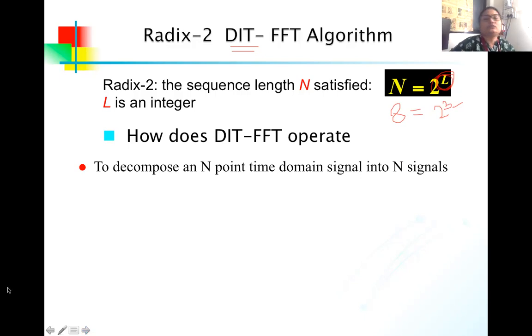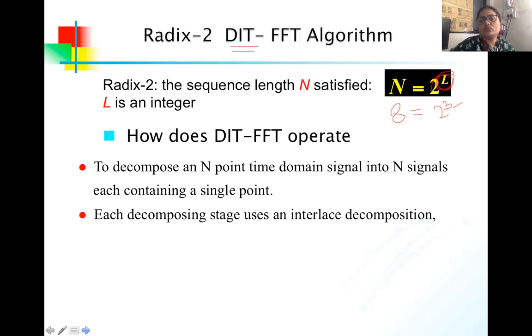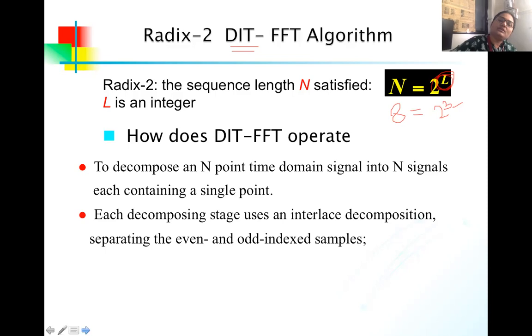Okay, so to decompose an N-point time domain signal into N signals, each containing a single point, each decomposing stage uses interlace decomposition. How do we do this? We are separating the sequence into even and odd. Further even and odd, we do it until the sequence is a single point sequence.